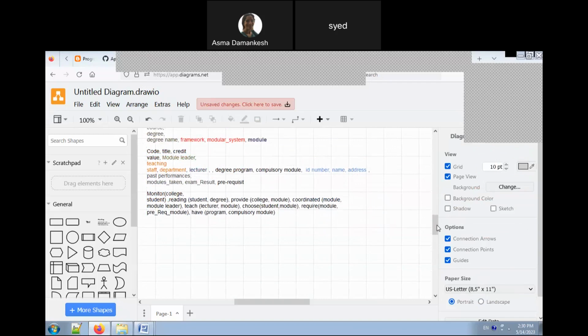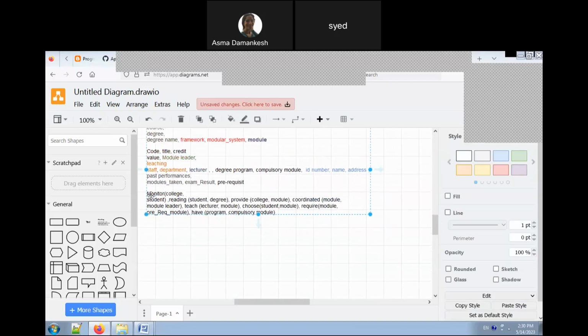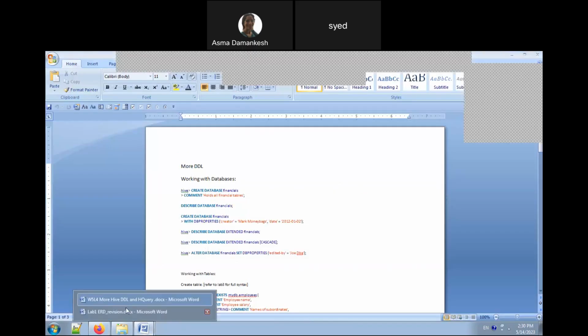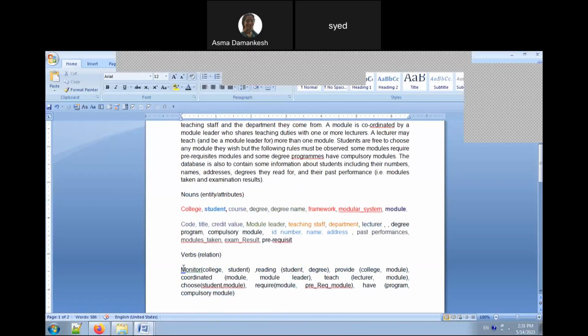Okay. Now, when you start drawing, you need to base it on the part when you're doing the relations, yeah? So we start from here. So the college here and the degree programs right there, you can consider them the same thing because everything that happens in a college is happening for a degree.